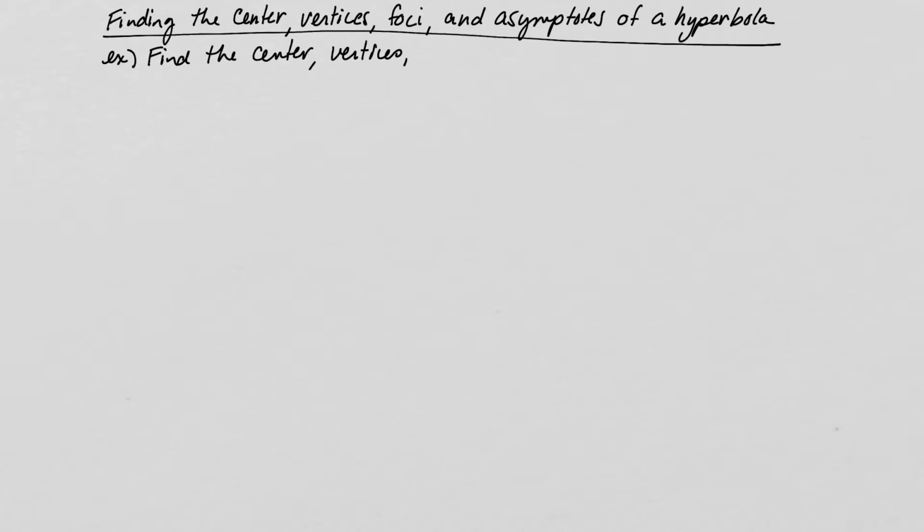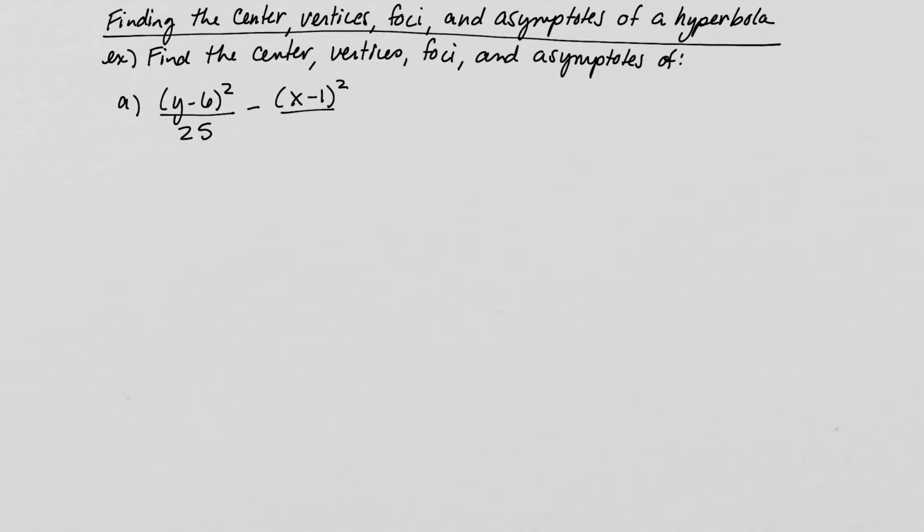So for example, find the center, vertices, foci, and asymptotes of (y minus 6) squared divided by 25 minus (x minus 1) squared divided by 9 equals 1.